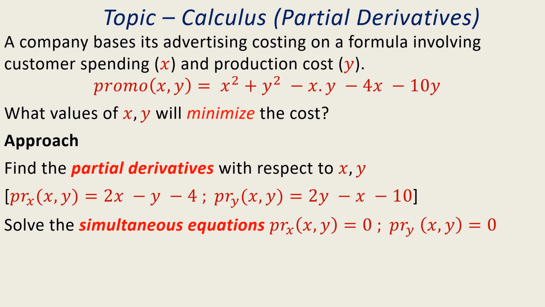We have to identify values of x and y that make those expressions equal to 0 at the same time. And what we discover is that x equals 6 and y equals 8 have that property.